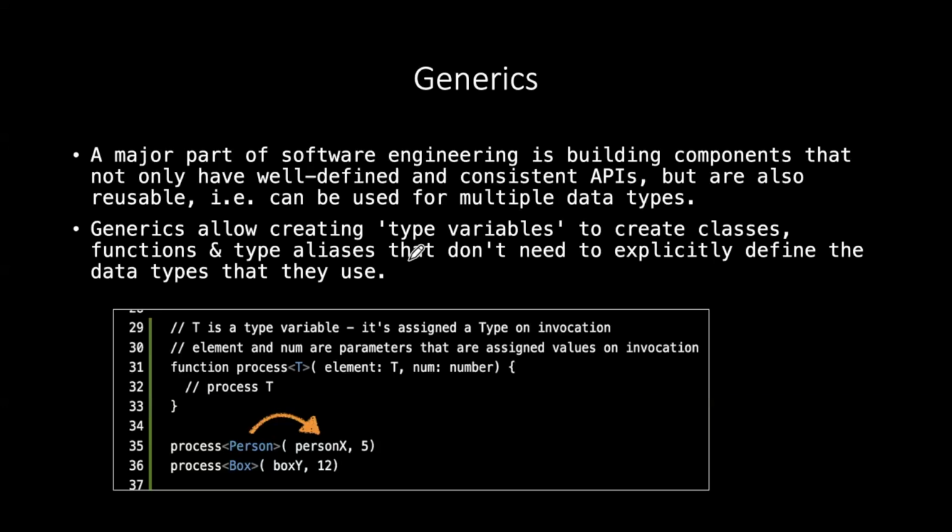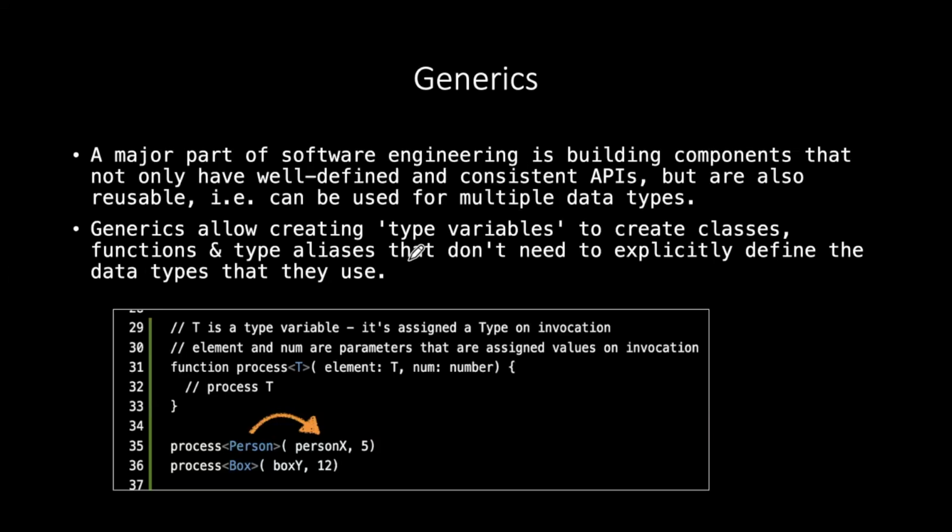And what generics are all about is trying to maximize reusability of your code. So I'm saying there in the very first bullet point that a major part of software engineering is about building components that have well-defined interfaces, but that can also be reused in different scenarios. And that's what generics allow us to do.